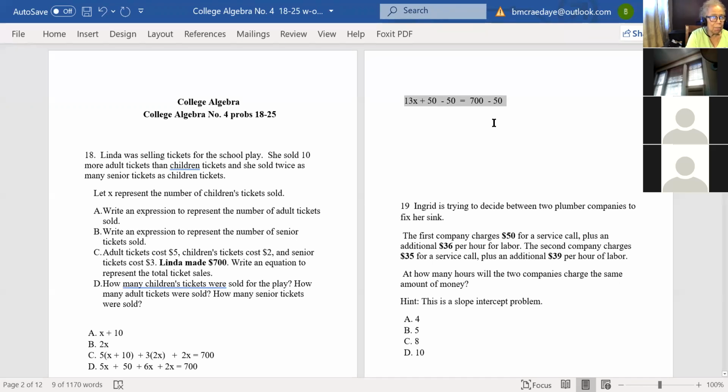The last thing I can see on my tablet is 5x plus 50 plus 6x plus 2x. Oh, but you don't see the 13x plus 50 minus 50 equals 700 minus 50. You don't see that.